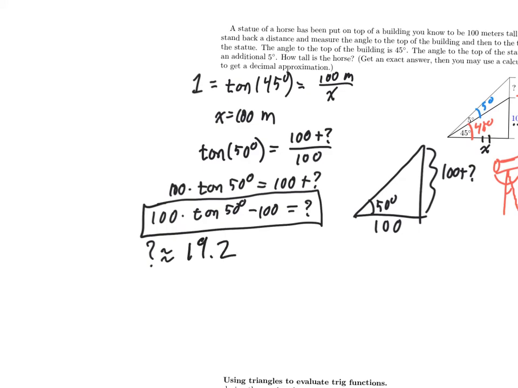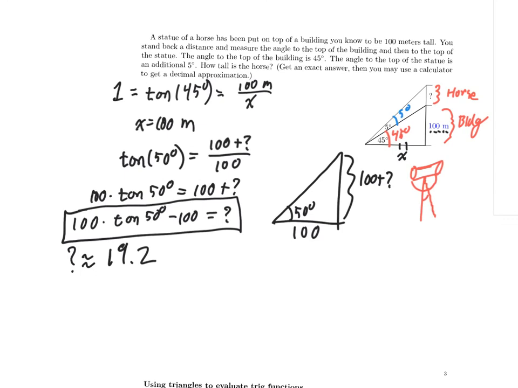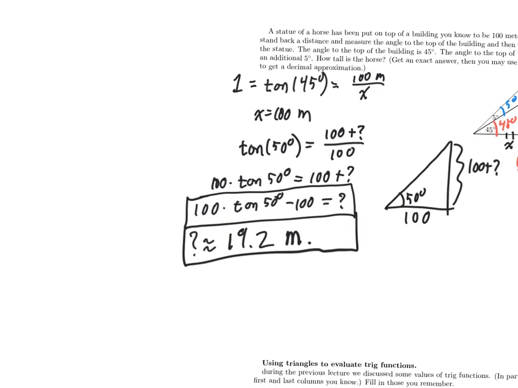And what are the units? Meters. Awesome. And again, let's just remind you, there are two answers given. This is the exact answer. This is the approximate answer. And they're both good for different things.